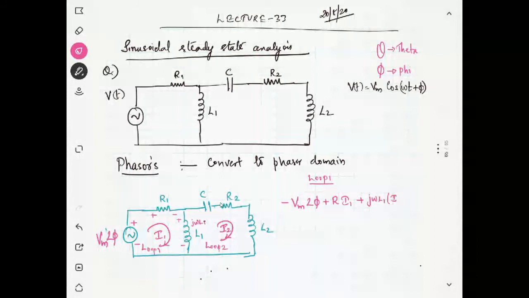J omega L1 is the impedance of L1. What will be XL1? XL1 is omega L1. This is the difference: X means there won't be j, Z means there will be j. What do you want to find in this circuit?